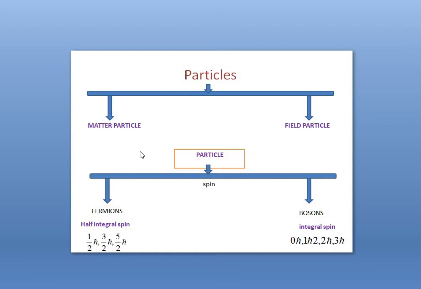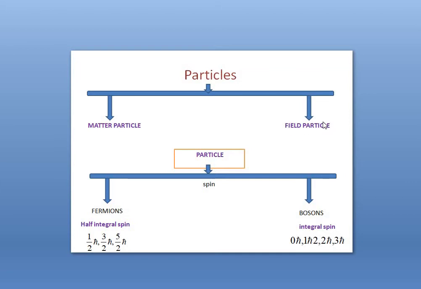This is a vague type of classification, and we have to go for a more precise classification. So in general, a particle can be classified into matter particle and field particle. The particles responsible for the formation of matter are known as matter particles, and the particles which are exchanged during interaction of the force are known as field particles.